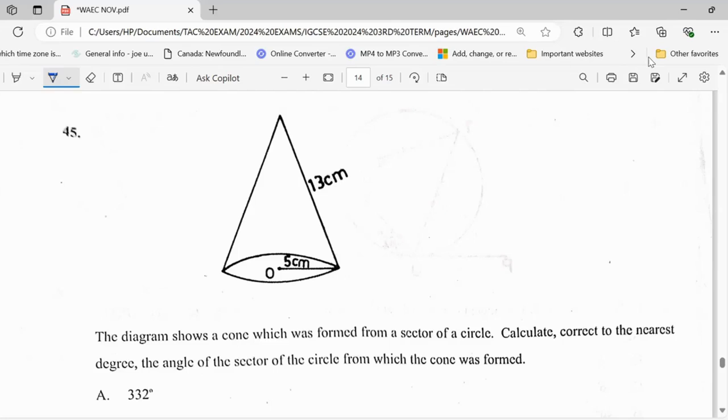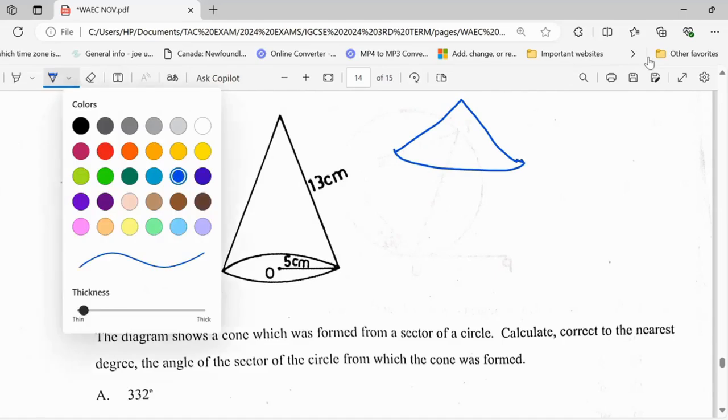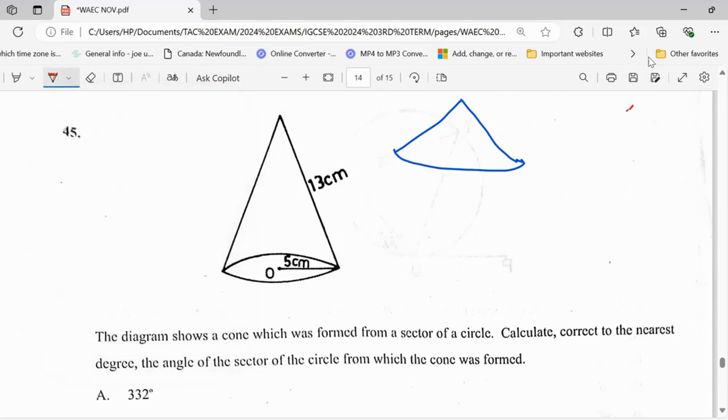So now let's create some relationship. We have a sector. We now use this sector to make a cone. So let's assume this is our cone here.